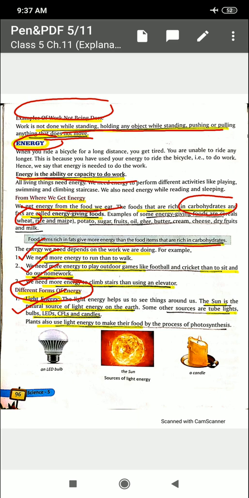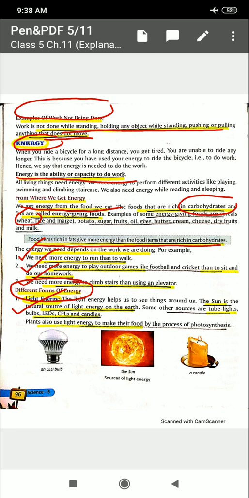Then we discussed various examples of energy, that the energy we need depends upon the work we are doing, whether we need a small amount or a large amount of energy for that particular work. For example, we need more energy to run or to do exercise than to walk.